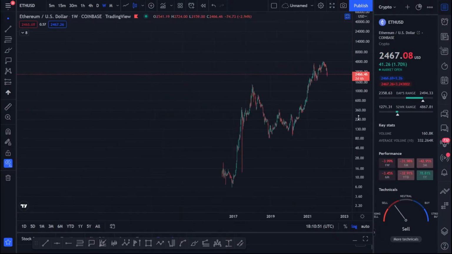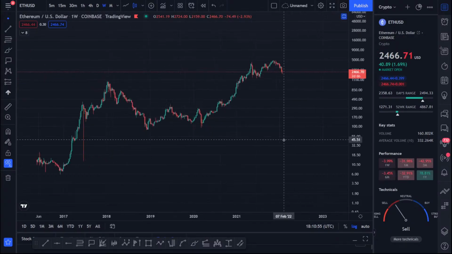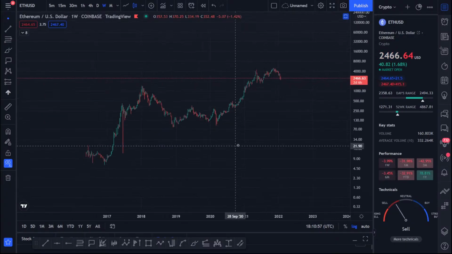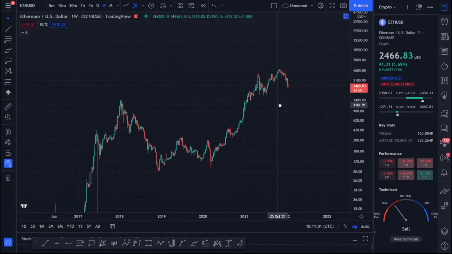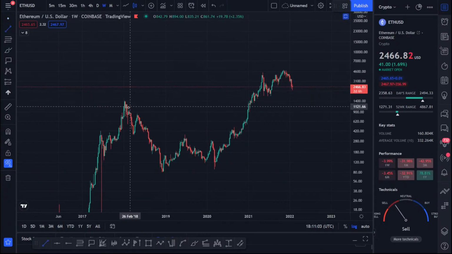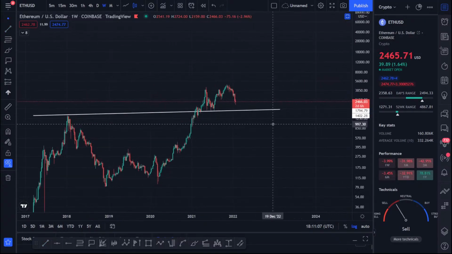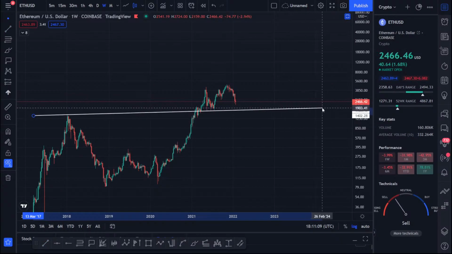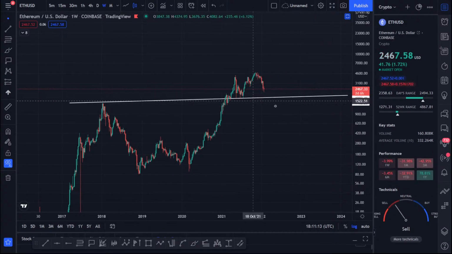Okay, so you see this Ethereum chart, because Ethereum is one of the main cryptocurrencies after Bitcoin, and everybody wants Ethereum to win. So you can see we have this kind of pattern over here, where we have this support level.